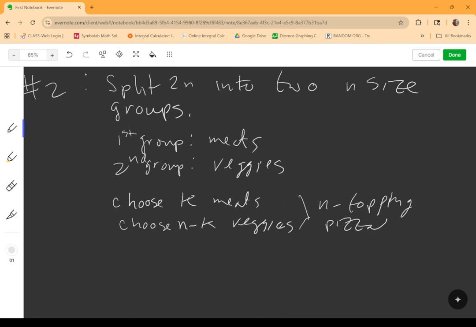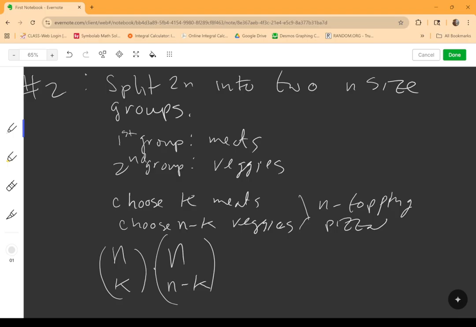And this is the product principle. If we have n choose k, then to get the total number of choices, it'll be n choose k times n choose n minus k.